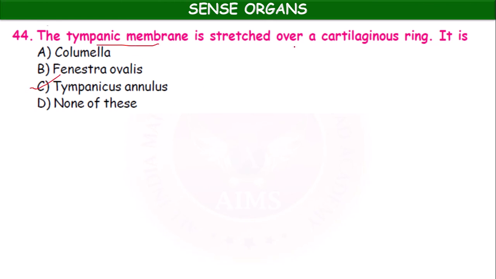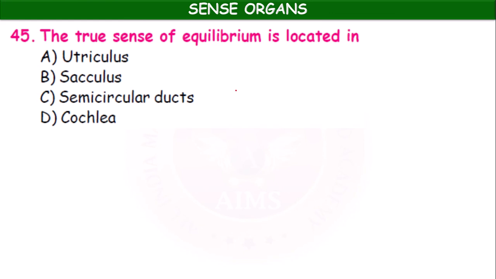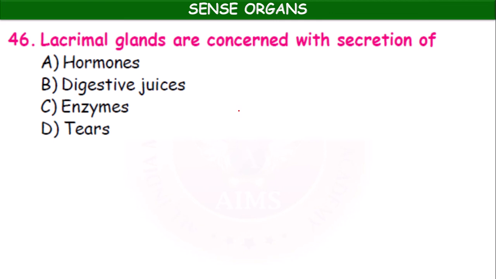The tympanic membrane is stretched over a cartilaginous ring called tympanicus annulus. The true sense of equilibrium is located in utriculus, sacculus, semicircular ducts, cochlea. Where? Semicircular ducts.